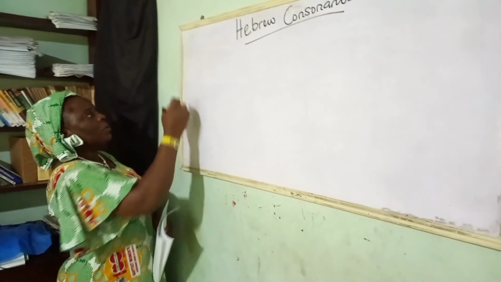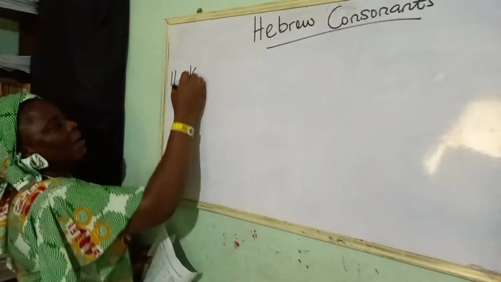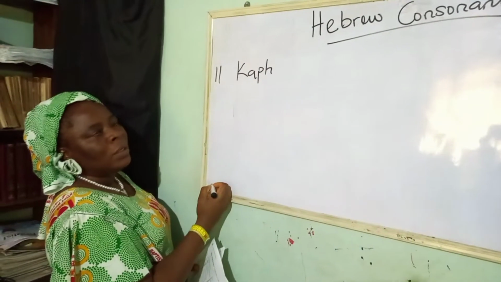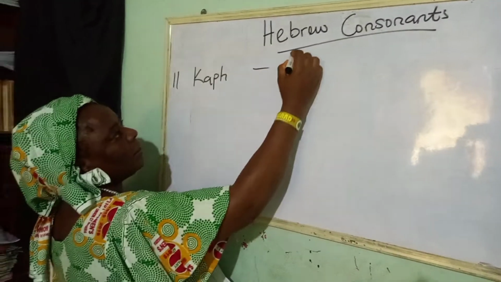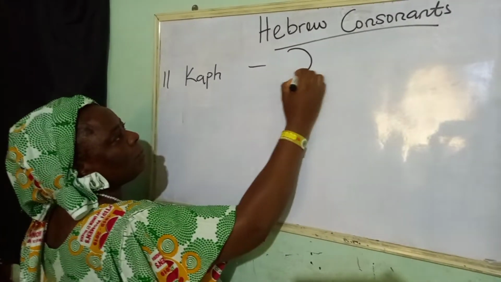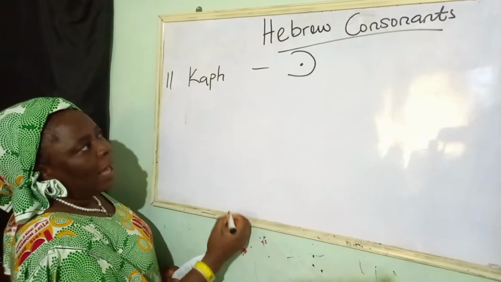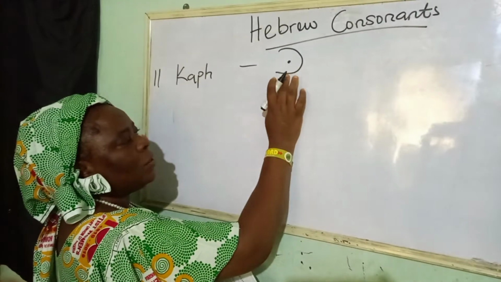The 11th consonant is called Kaf. Kaf is written in Hebrew as an inverted capital letter C with a dot. If it is beginning a word, it's written this way.